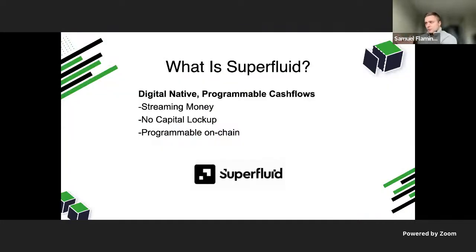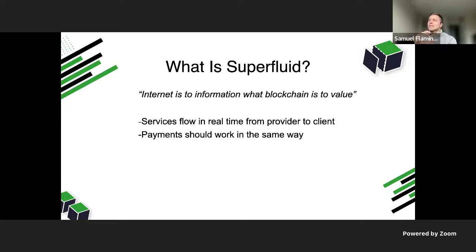So what is Superfluid? Superfluid is a protocol for digital native programmable cash flows. It allows you to stream money with no capital lockup, and everything is programmable on chain. What we like to think about Superfluid as is what the internet did for information, blockchain is doing to value.